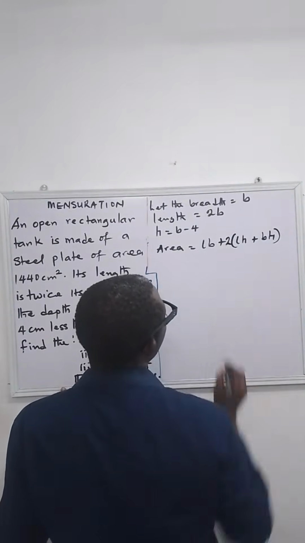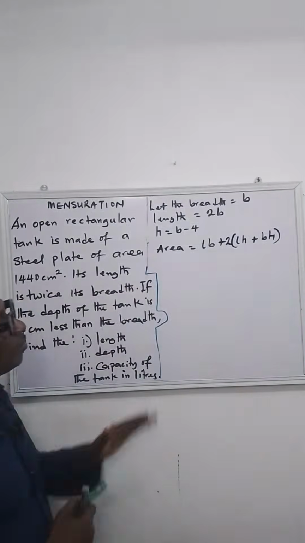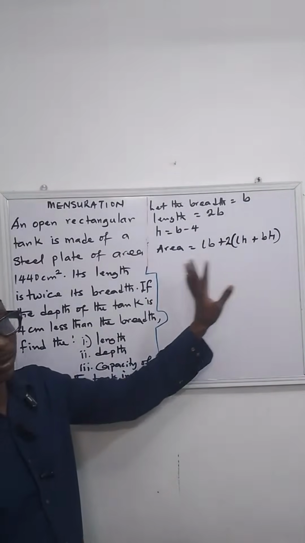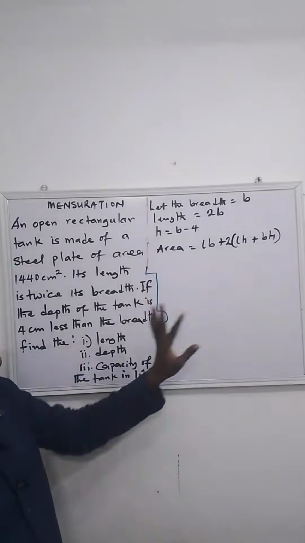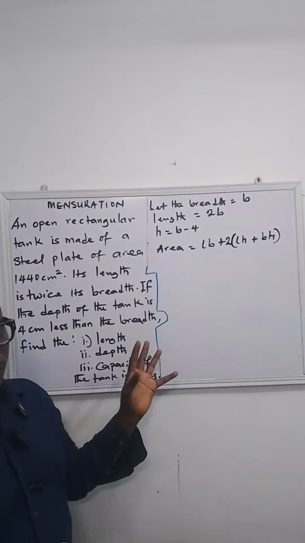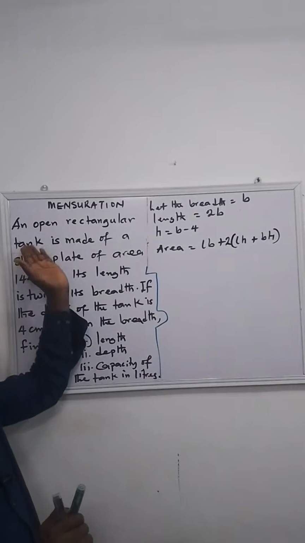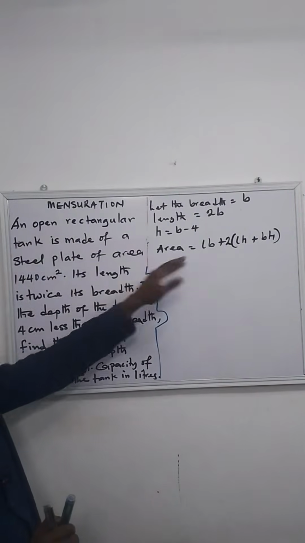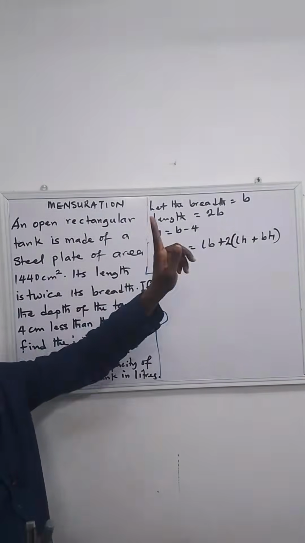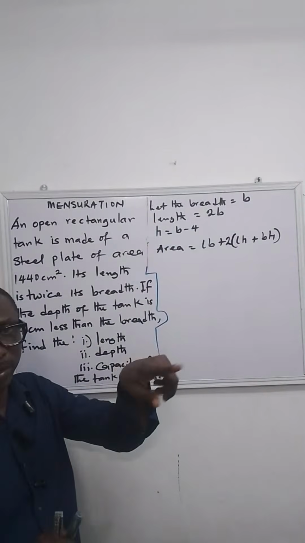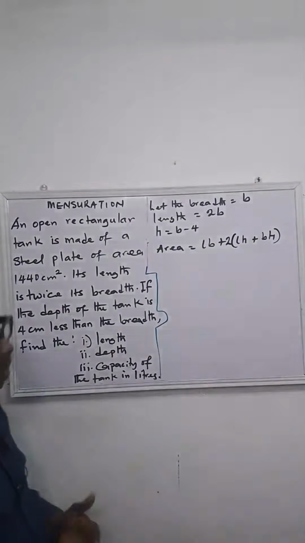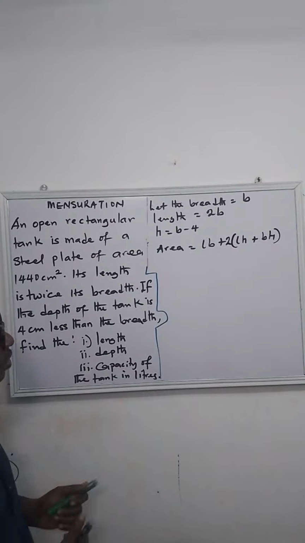Now, 2 of this. This is the formula for calculating the total area of a cuboid that is open. Don't forget, the rectangular tank is open. So since it is open, we are going to have just only one length by breadth, and that is the base of the tank.